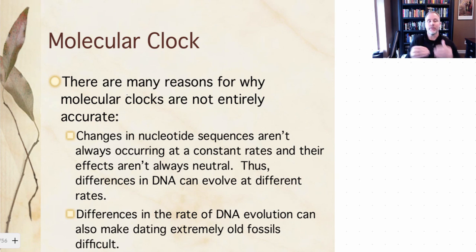And then some of the differences in the DNA can make looking at the evolution of this DNA difficult, and it makes dating the fossils very difficult as well. So there's lots of different reasons for this. But again, as we said, it serves as a good starting point for us to launch further research and get more data and go from there.